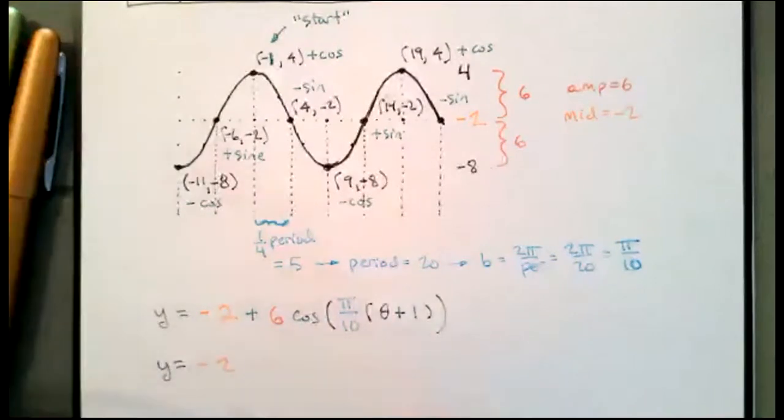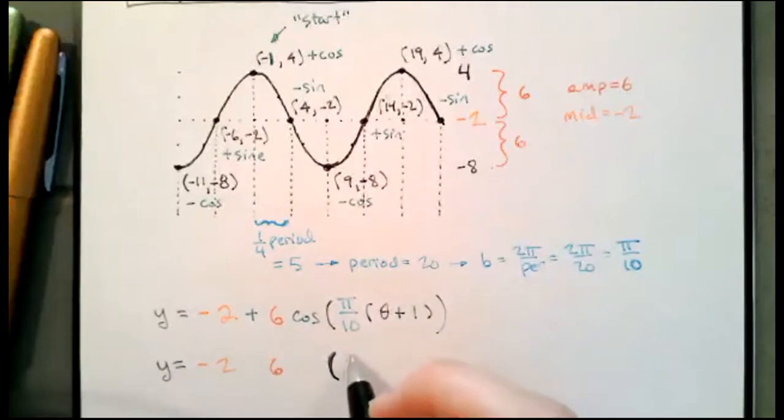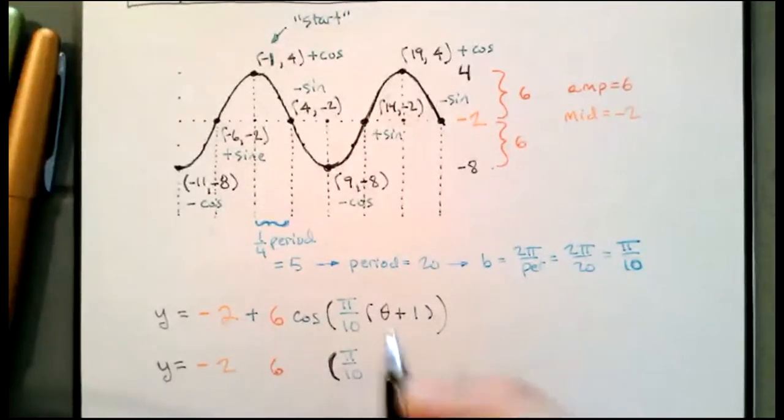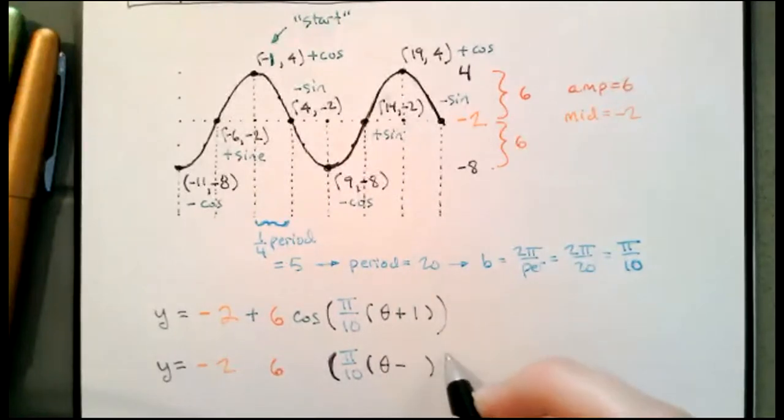The amplitude is still 6. The coefficient of theta is still going to be pi over 10. The form of the horizontal shift will always be in parentheses, theta minus whatever the horizontal shift is.